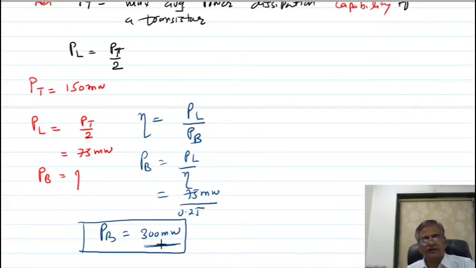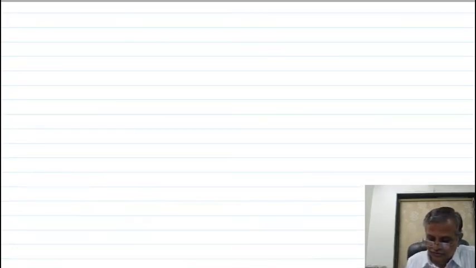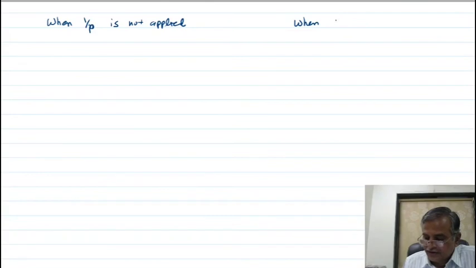Okay. Now whatever I have discussed, let me summarize in a table. So I am writing like this: when input is not applied to the amplifier, then what will happen? When input is applied, see what will happen. Suppose my PB is 300 milliwatt.